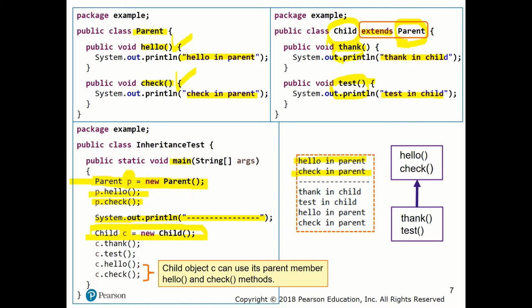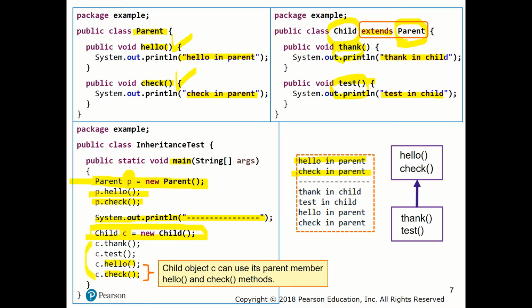It is like the child also has hello and check. So we can call hello and check methods like this. Even if the child class does not have these methods, because a child class inherits from the parent class, c can use the methods that are in the parent class.